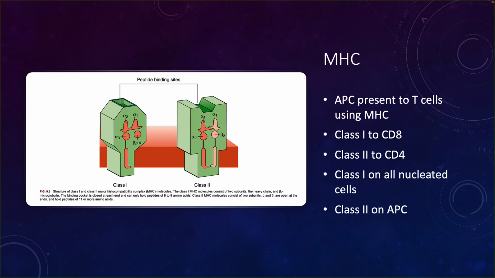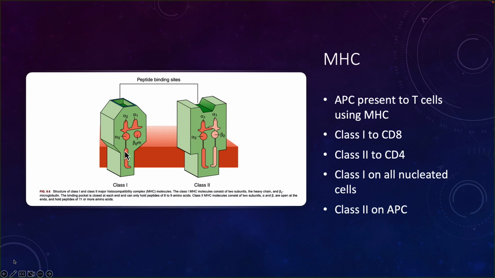So MHC stands for Major Histocompatibility Complex. Again, I'm not expecting you to know all of the details of how this works. That's why we offer a course in immunology. But antigen-presenting cells, including regular nucleated cells and our professional antigen-presenting cells, present antigens to T cells using MHC. So here they're showing you the structural differences between class 1 and class 2.